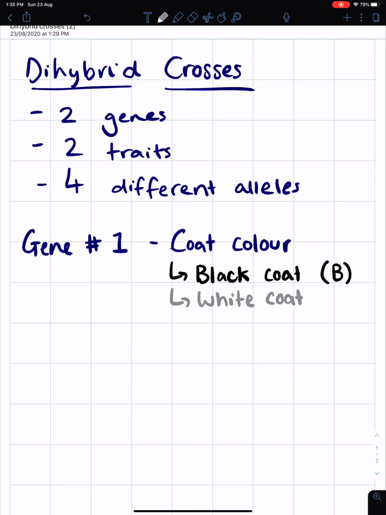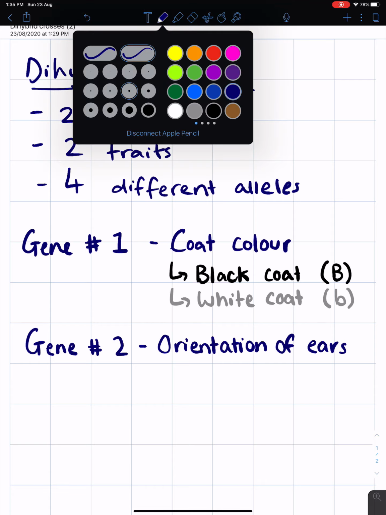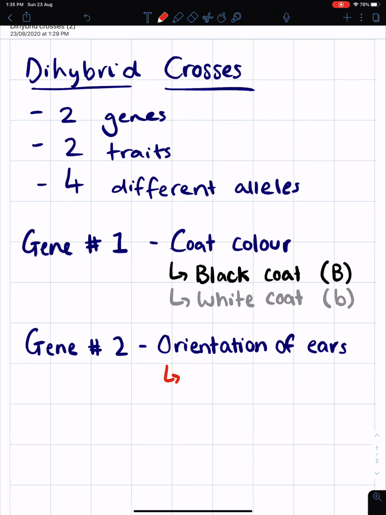So remember, we're talking about bunnies here with their cute fluffy coats, and white coat is recessive, so we give it a little b. But because this is a dihybrid cross, we are comparing two different genes. So now we've got gene number 2, and this is to do with the orientation of ears. And the two different variations of that gene are, upright, which is dominant.